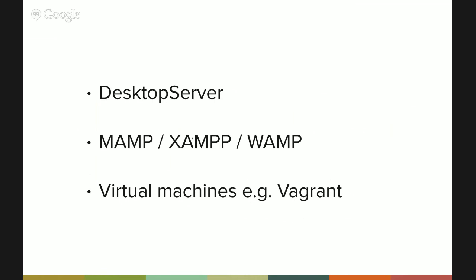But it's a free option and that works great for me. Having tested Desktop Server, I still prefer MAMP, so you can check that out as well. Recently, many developers are also starting to use Vagrant, which is a virtual machine method of creating local sites. I think one of our speakers, Neil, will be talking about Vagrant later today.